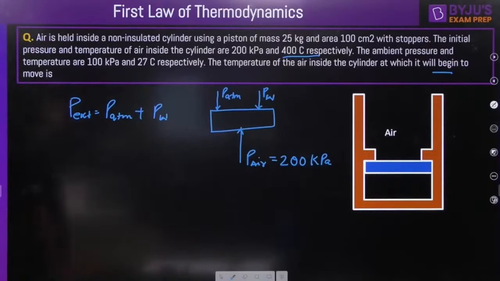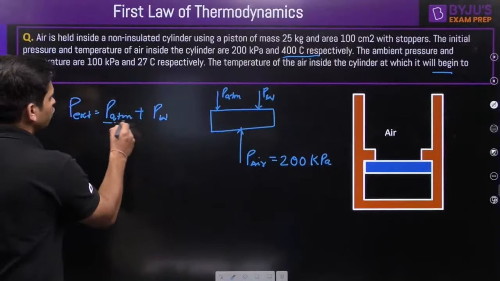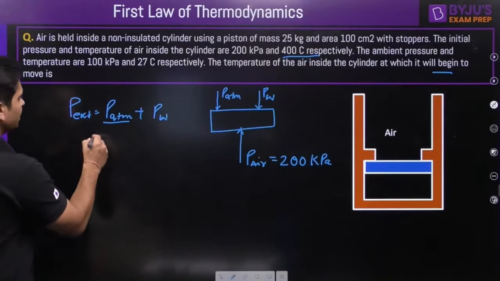Okay. So P1 is equal to, what is 200? No. So basically what you have to see here is that P atmospheric is given to us, atmospheric pressure is 100 kilopascal.